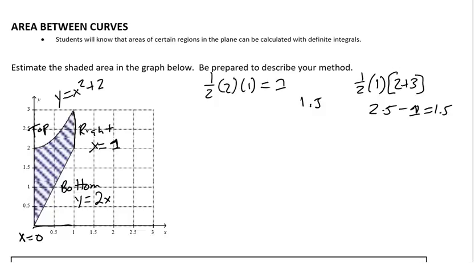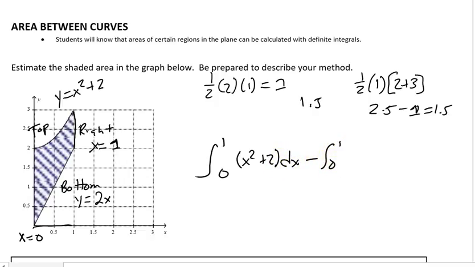So I can do area under a curve with integrals. If I were to do that, it would be the integral from 0 to 1, and some people did it this way: x squared plus 2 dx, minus the integral from 0 to 1 of 2x dx.